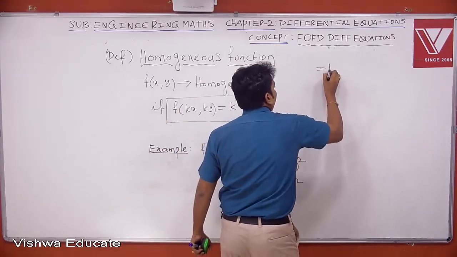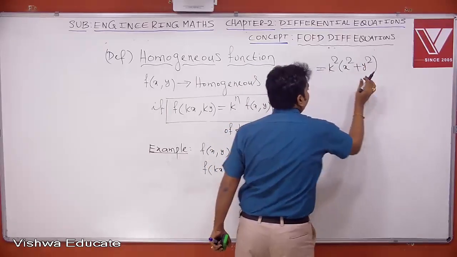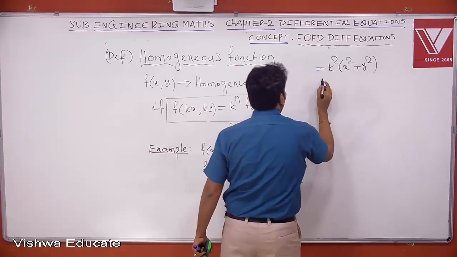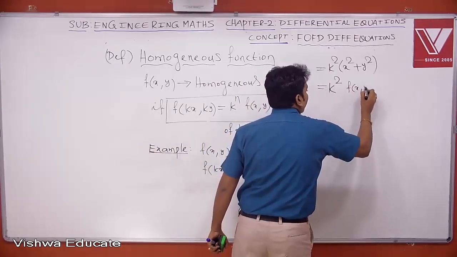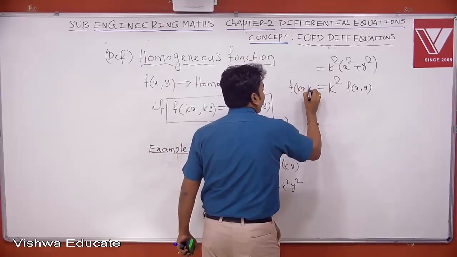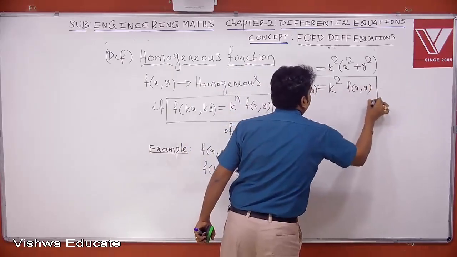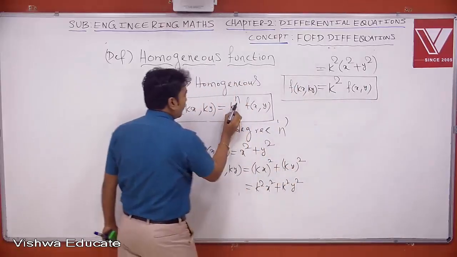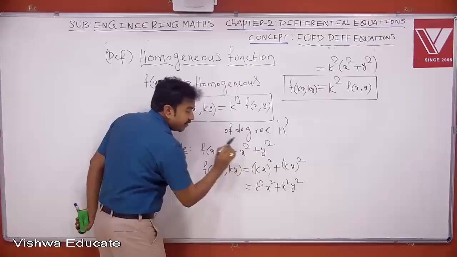Therefore, this is k square into x square plus y square. This is nothing but the original function f of x comma y. So this is k square into f of x comma y. Therefore, in place of n, we have the number 2, and that number 2 we got because of equal powers.